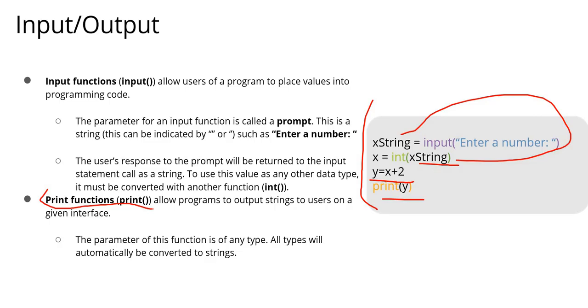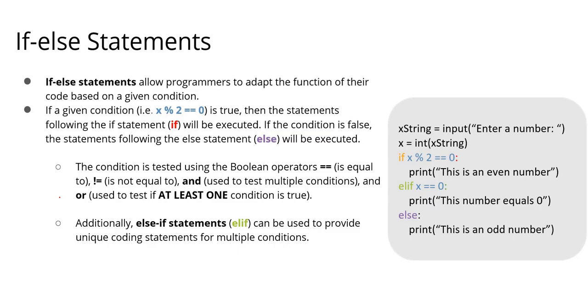The parameter of this function can be of any type, and all types will automatically be converted to a string. So input is denoted by the input function, and output by the print function. These are the explanations of input and output.